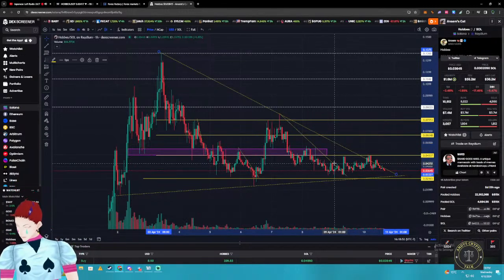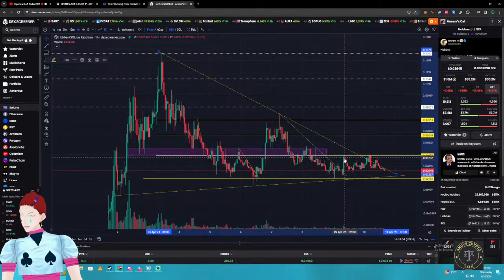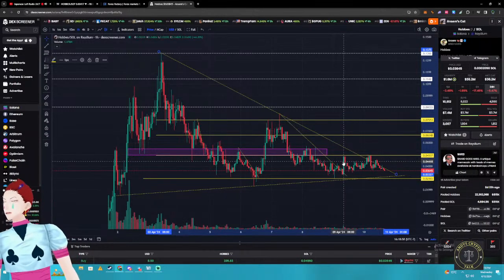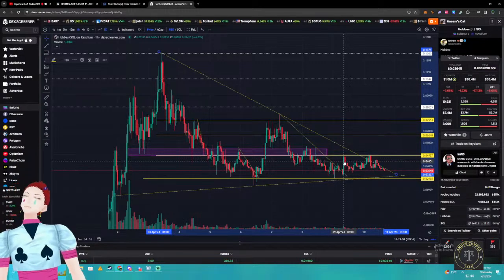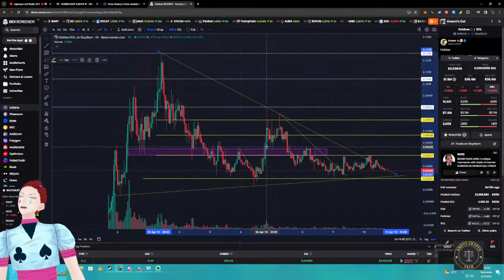As you can see, when these trends really break with strength, they tend to produce these massive candles to the upside. We can see this one here, 45% in 1 hour. Over here we had 30 plus 30 plus 20, over 100%.